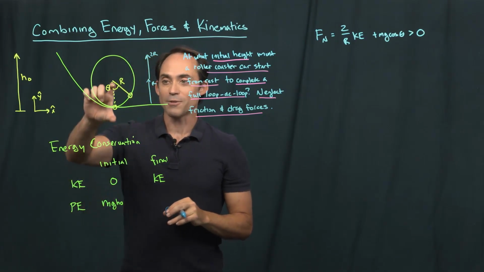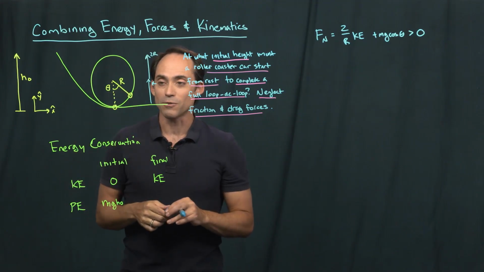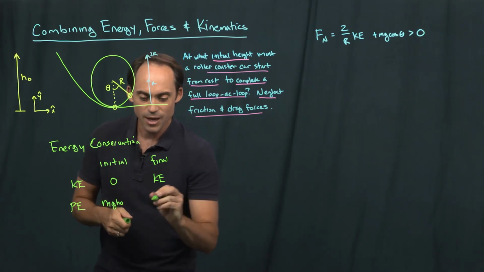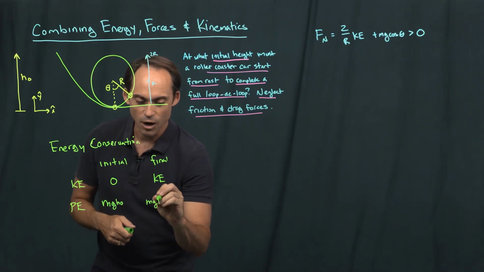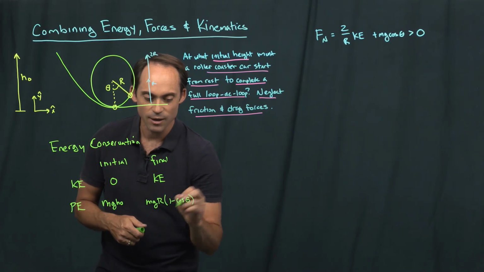And so whatever expression we have is going to be some multiple of r times some function that involves trigonometric functions. And if we think about it a little bit, you will see very quickly that this is going to give us mg times r times 1 minus cosine theta.